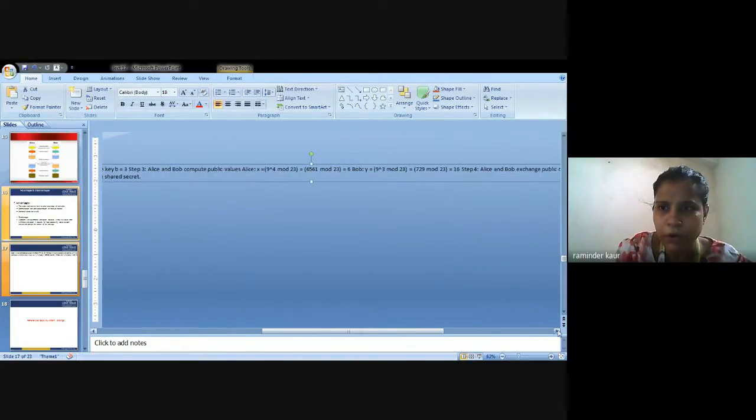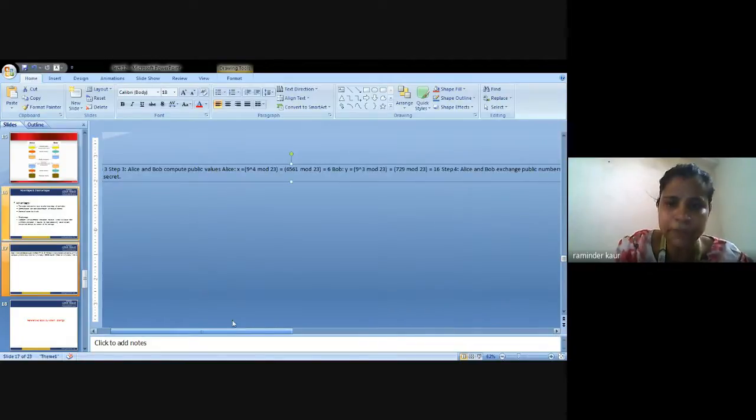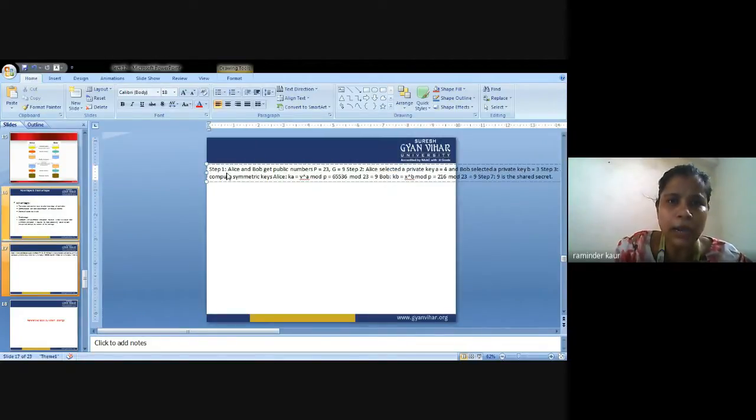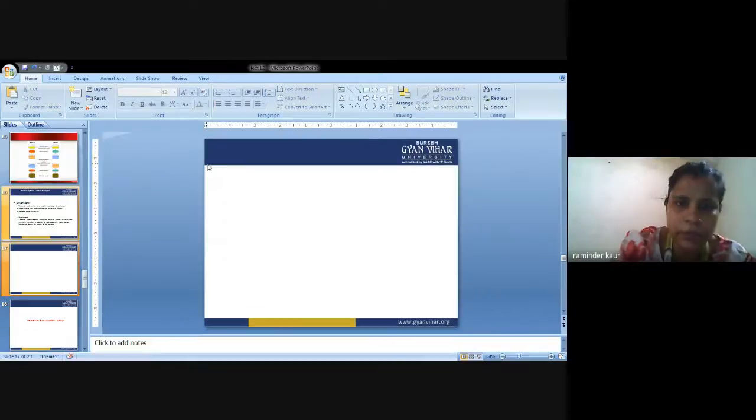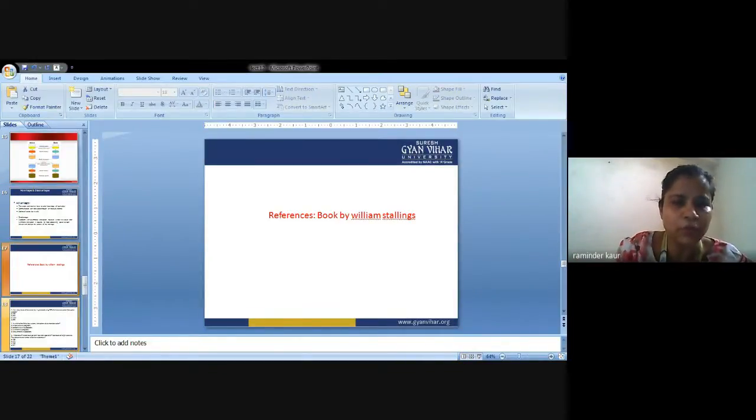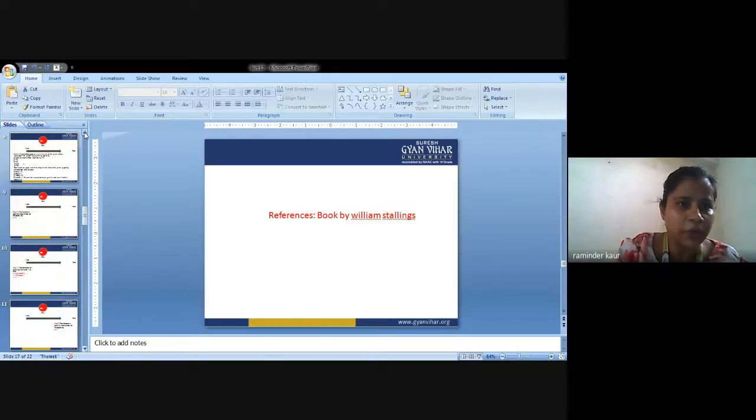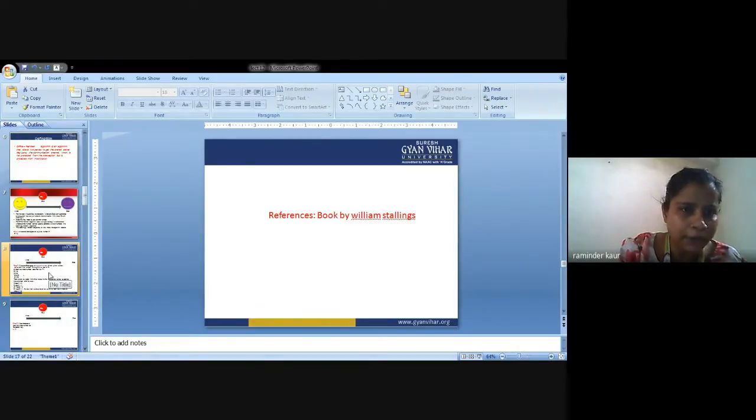Just have a look at all the steps. Before wasting any time, I am telling you, you are supposed to write the same. I already told you the formulas for how to compute the same. In step 3, you are supposed to compute the values in the manner that is written here. Just have a look at the formula that I have given you.